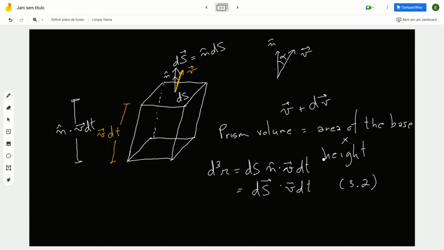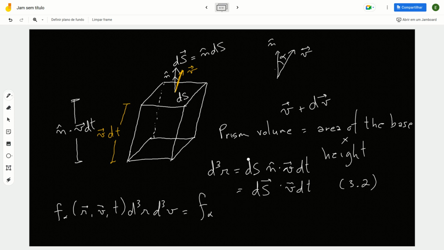So we may now compute the total number of particles inside the prism with velocities between v and v plus dv. And this total number is f, the distribution. I need to know, always we're going to compute quantities based on the distribution. This is the number of alpha particles inside the element per unit volume times d3r, this one, right?